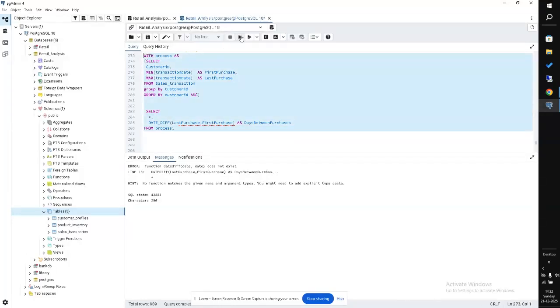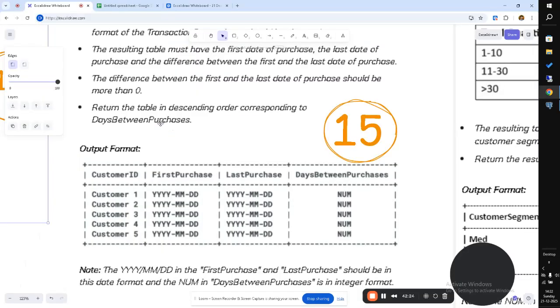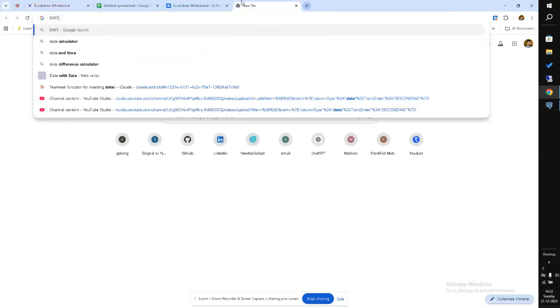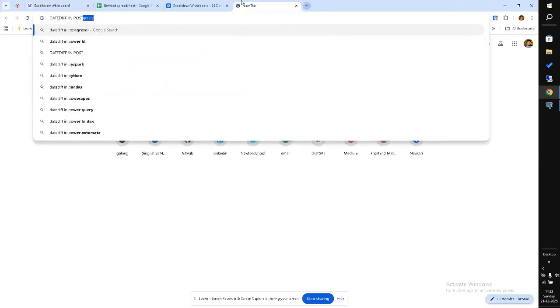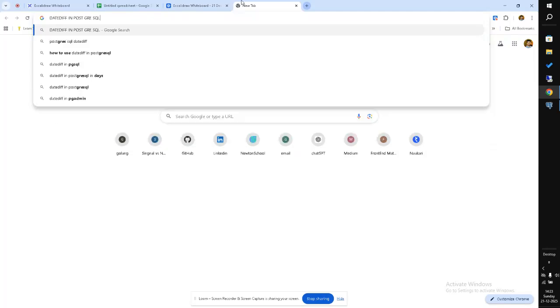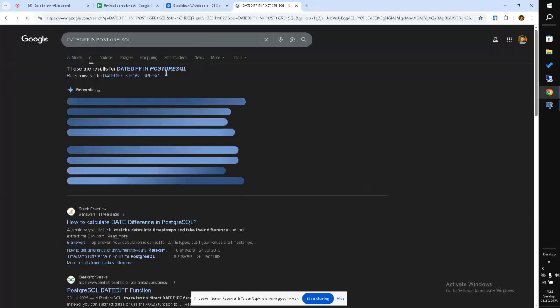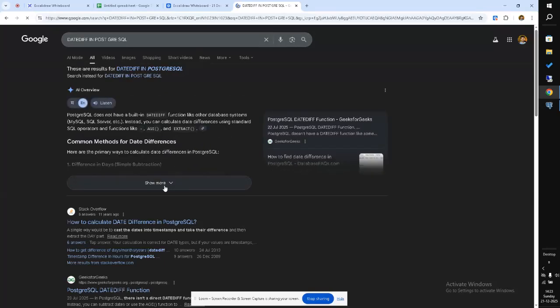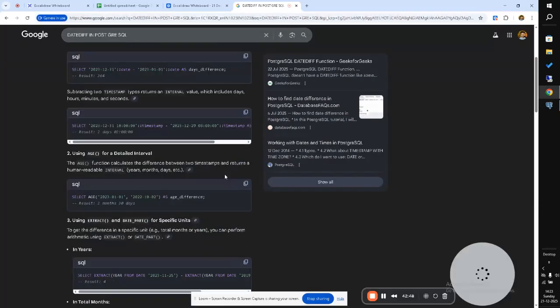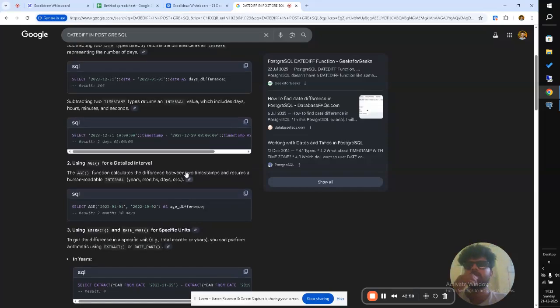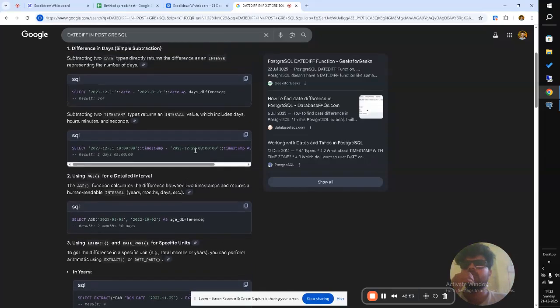Just checking what the difference function is, date diff in PostgreSQL, to calculate the difference. Okay, date, directly. Okay.